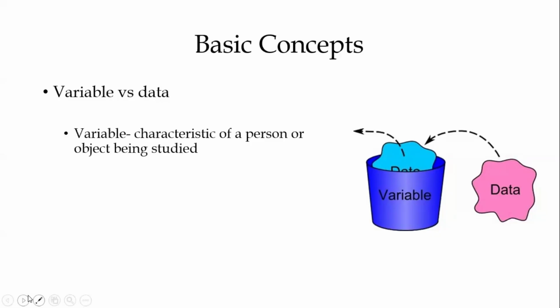So variable essentially refers to a characteristic of a person or object that is being studied, right? Let's use the initial example that we mentioned, where we are looking at maybe the prevalence or incidence of diarrheal diseases in informal settlements, for example, in Nairobi, right? Say you have 1,000 study participants. A variable here would be something like age. Age would be a key characteristic of the study participant, because diarrheal diseases may be more common in certain age groups, right?